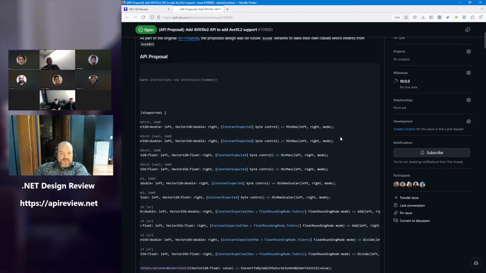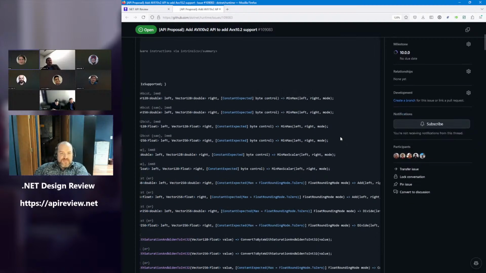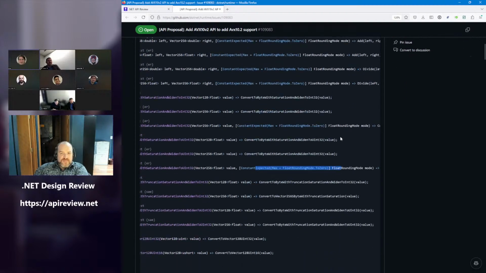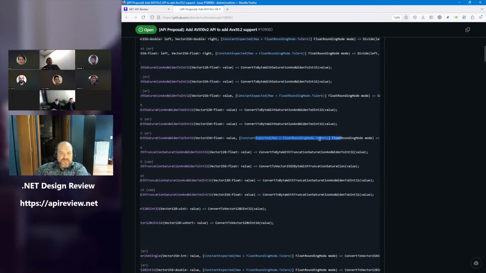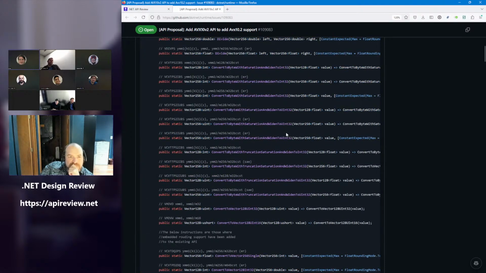And the rounding mode lets you pick how it converts to integer. So default would be ties to even. You can specify a different mode, such as if you want it to round towards positive infinity instead. And conversion to byte via truncation is its own overload, which is the one after it.